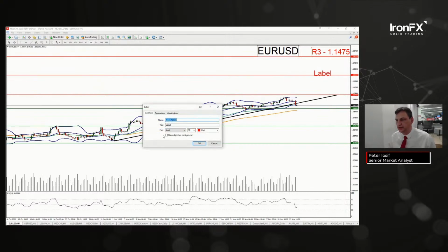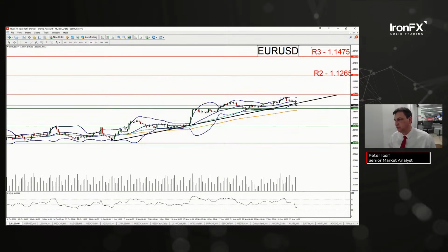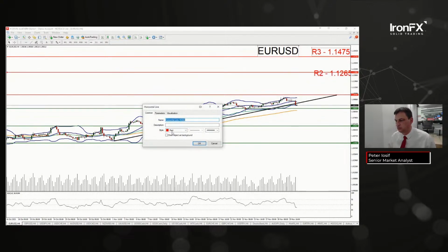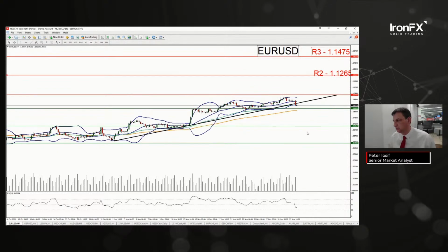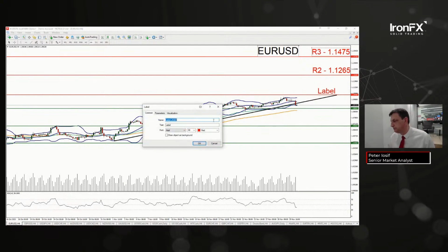The R2 being set at 1.1265. The R1 at 1.1040.